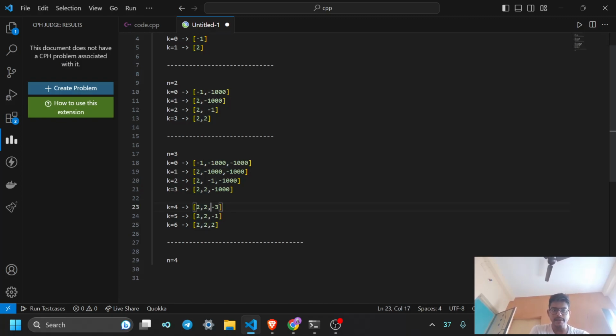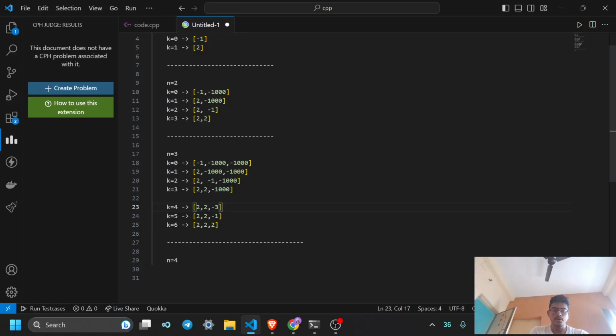So after that what I have to do is add one negative integer, and after that I will only put -1000 for the rest of the array. So I have to calculate what negative integer I should take.